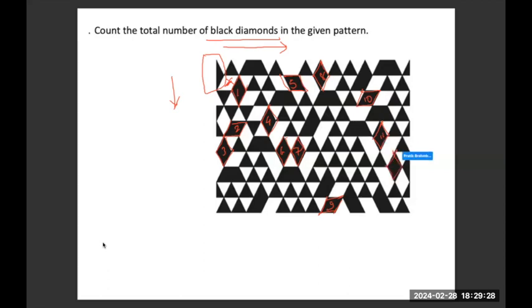And 12. So we see 12 such black diamonds in the total diagram.